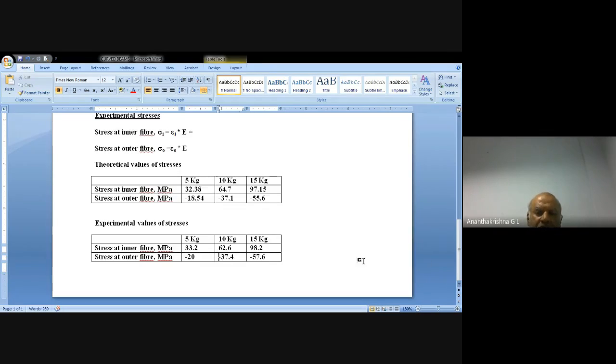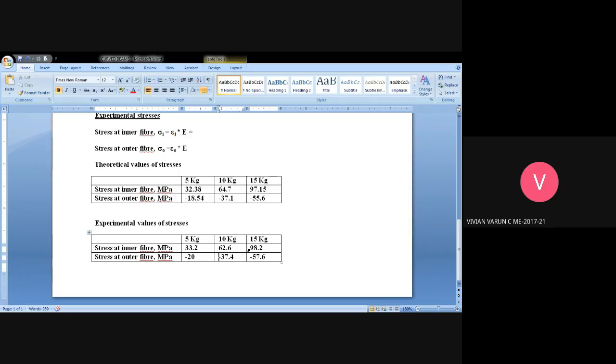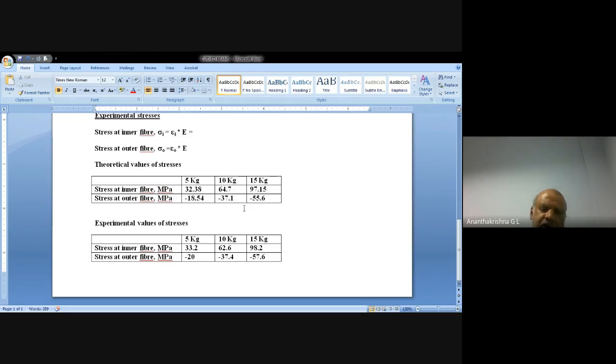For that you need so much time to calculate. What is the value for 15 kg? Varun, completed? Yes, sir. What is the value for 15 kg? I got 98.2 as inner fiber and minus 57.6 as outer fiber. Okay, that's fine. Others, please note down these values.